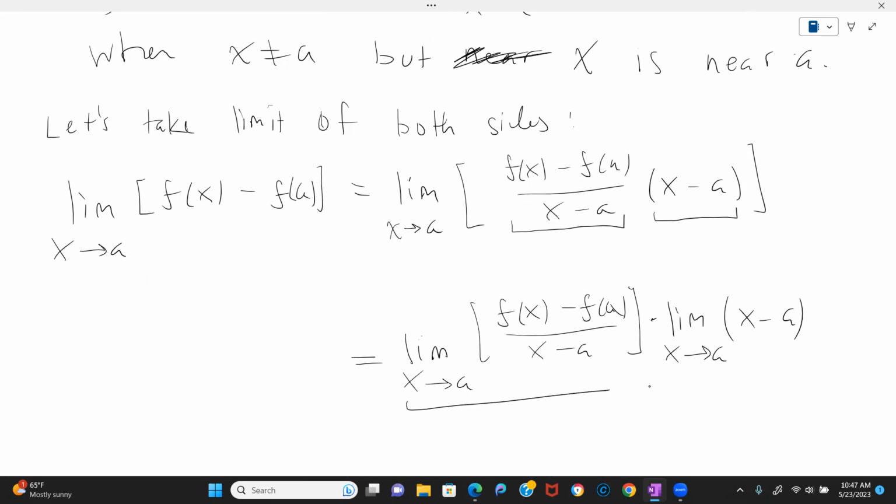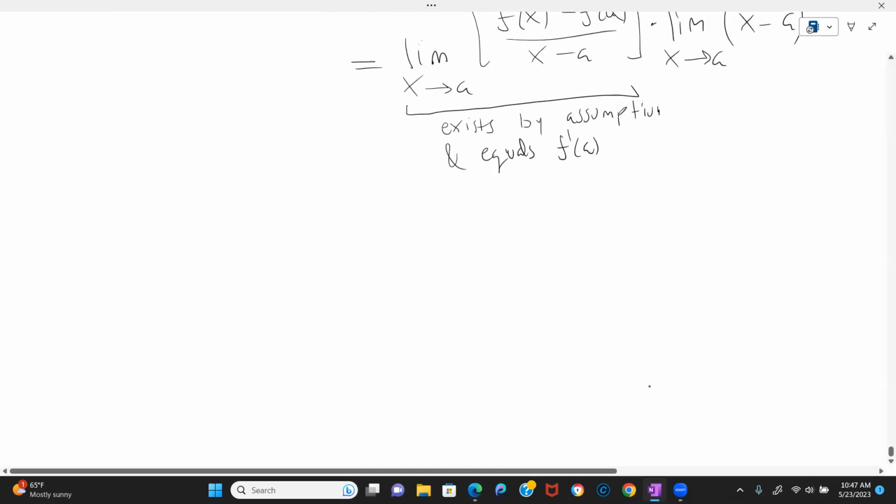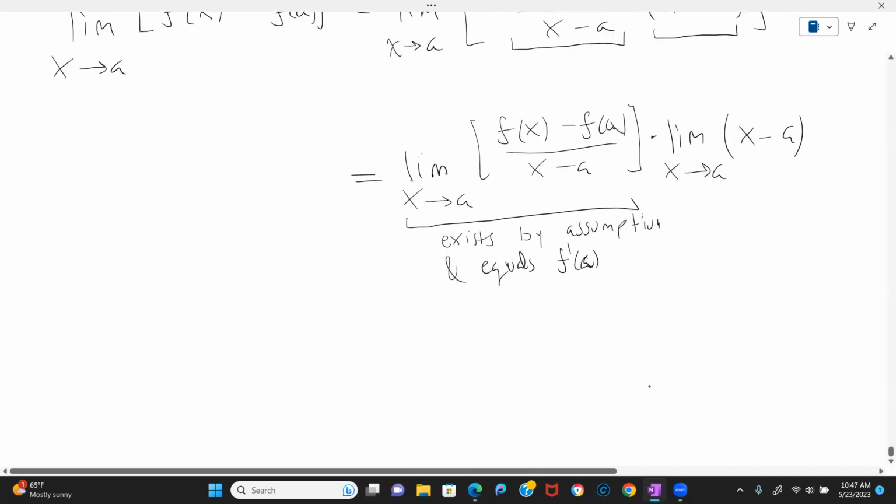This first part exists by assumption and equals f prime of a, because we were assuming that the function is differentiable.